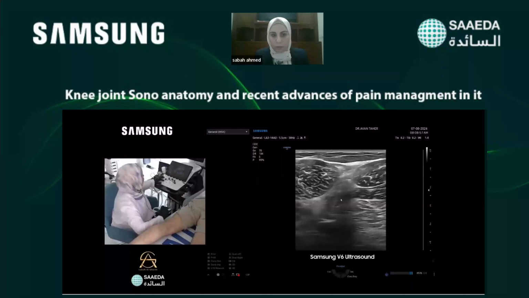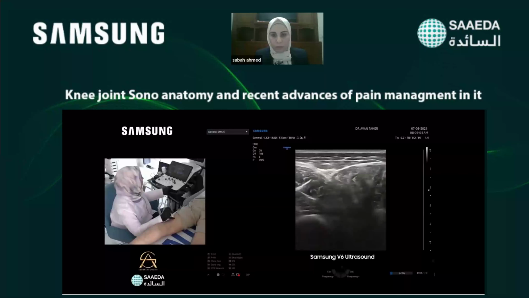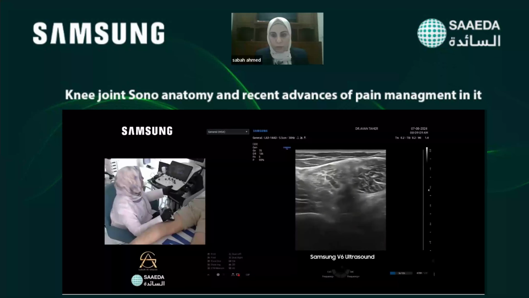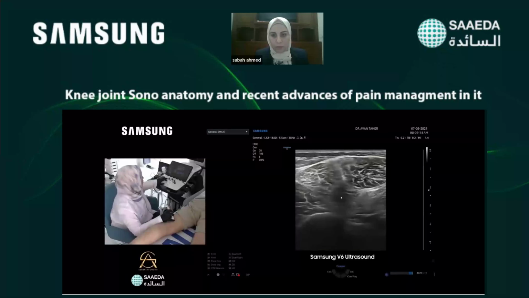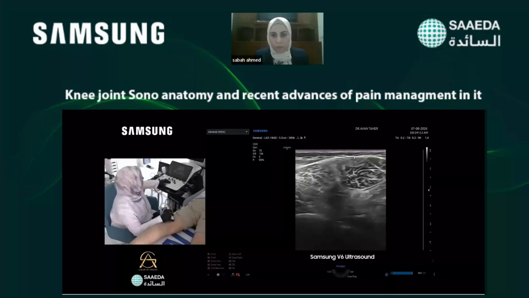This is the medial head of gastrocnemius, and this is the lateral head. Just follow again from this: this is the tibial nerve, then follow, it becomes superficial until it passes between the two gastrocnemius muscles. And the superficial one that goes here is the medial sural cutaneous nerve.